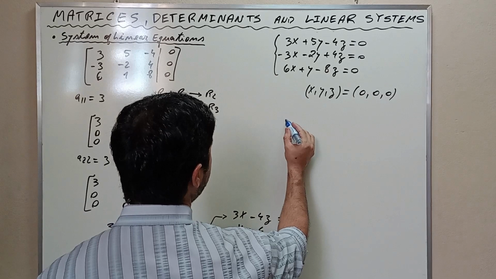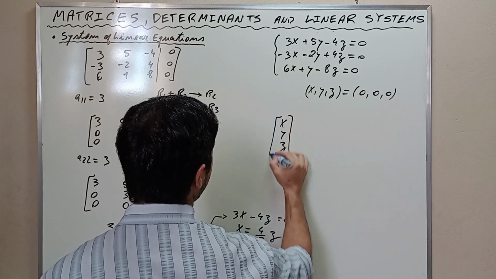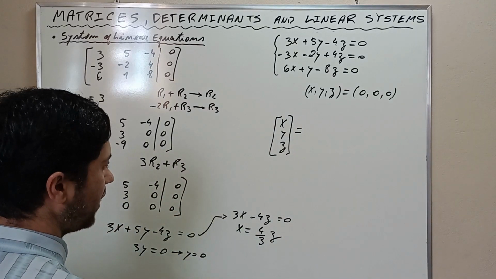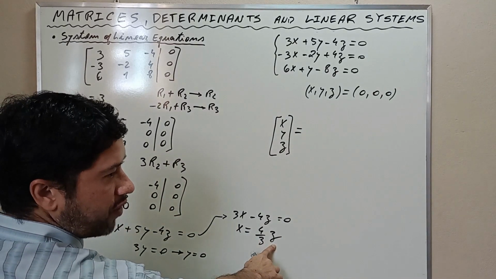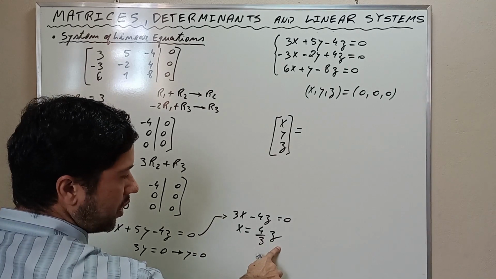This is the solution of this system here. And we have understood that z is a free variable and x is dependent on z, okay?